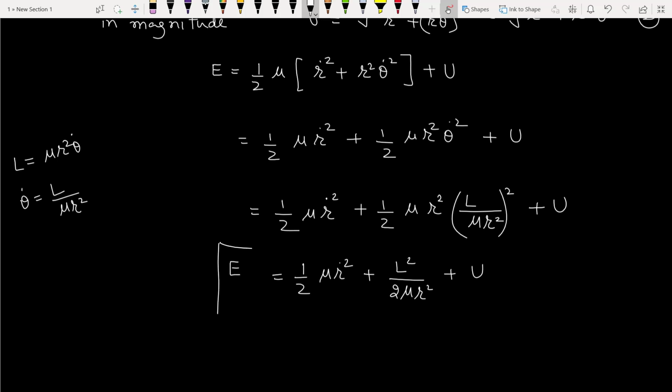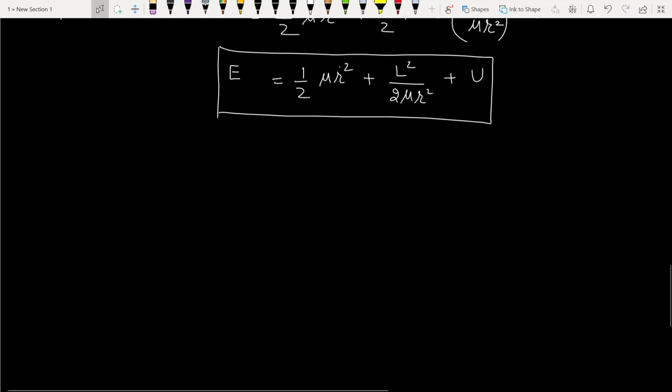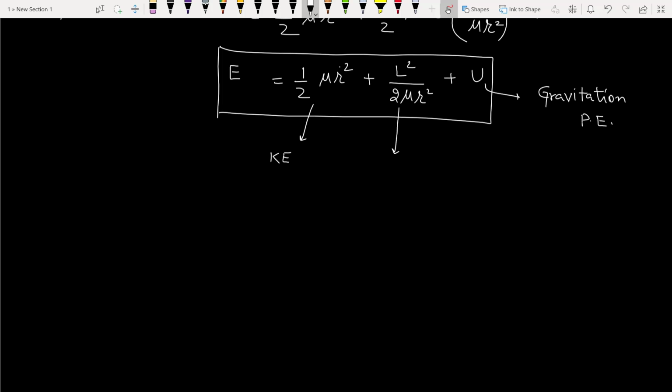So the total energy of a reduced mass system in central forces will involve three terms. This is the kinetic energy of motion of the body. This is the standard gravitational potential energy, due to the gravitational force between the two bodies.